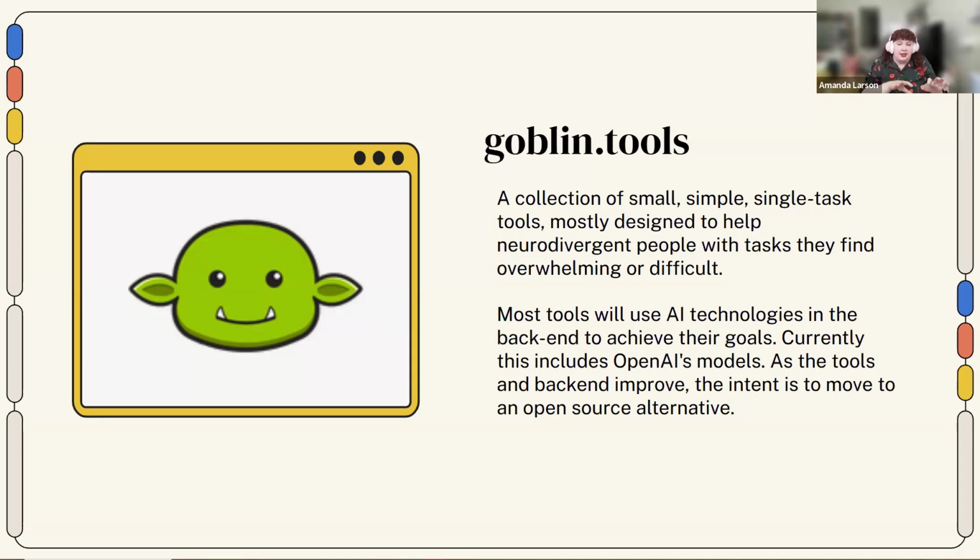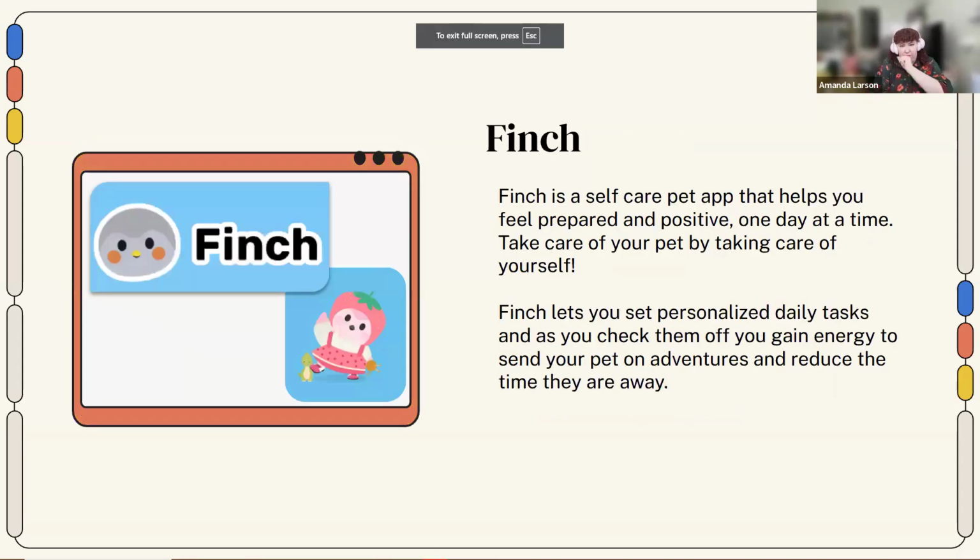They can put the task in, set how many chili peppers for how spicy they're feeling, or how much scaffolding they would like in that task. And then it will break them down into a very manageable list that they can do. And then they can also break each of those pieces down into more discrete tasks if they need to. It is one of my favorite tools for this kind of work.